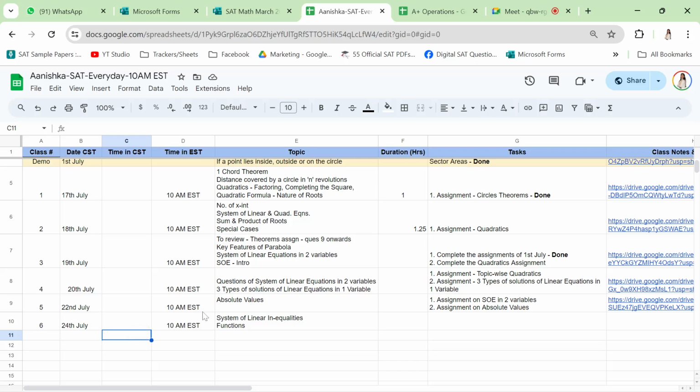Yeah. So let me just quickly write it down. In the next class we have to do word problems. Or maybe I'll give you the word problems in the assignment and then we'll review them. Maybe you would be able to solve them. Assignment: functions. The entire functions I'll give you.